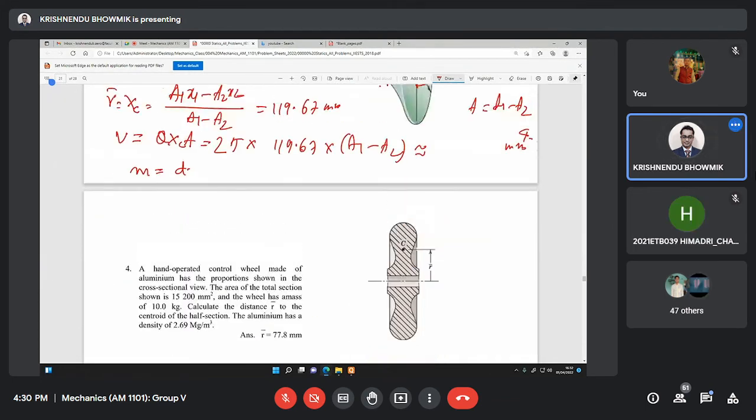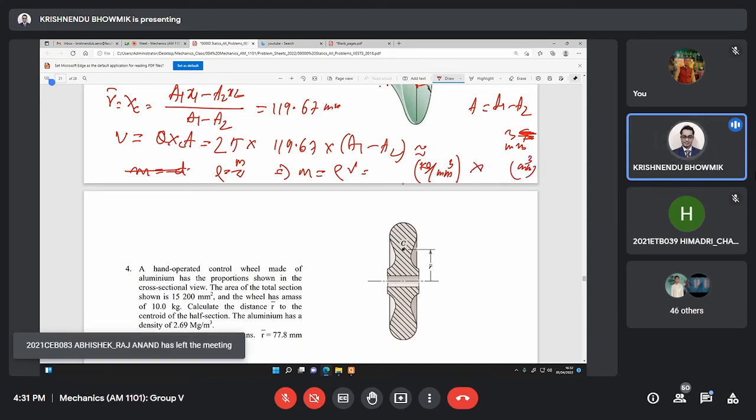Density rho is m by v, hence mass equals rho times v. If rho is in kg per millimeter cube and the volume is in millimeter cube, then it will be mass in kg.